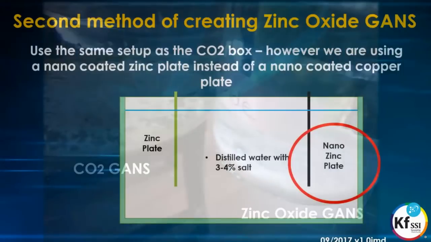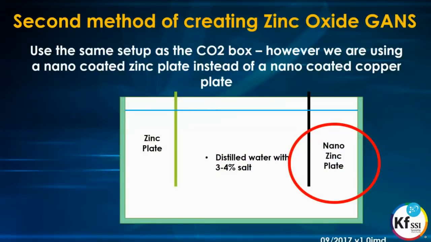So when we're looking at the second method of creating the zinc oxide GANS, we use the same setup that we have put together for our CO2. However, instead of using the nano-coated copper plate, we're using a zinc plate. It's the same setup, with the same distilled water and the 3 to 4% salt solution.